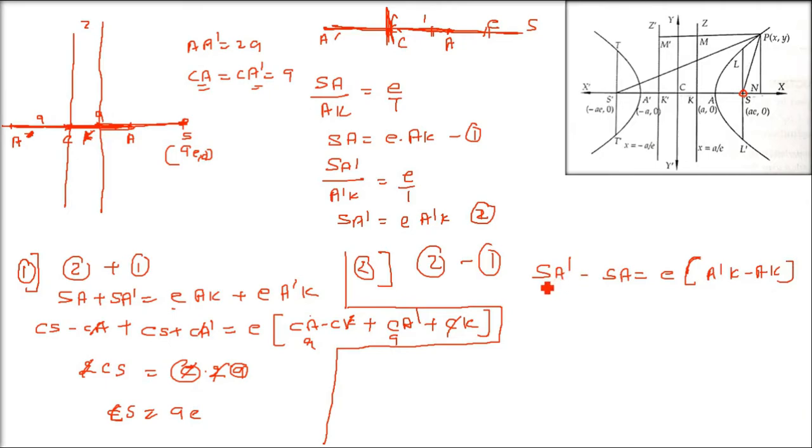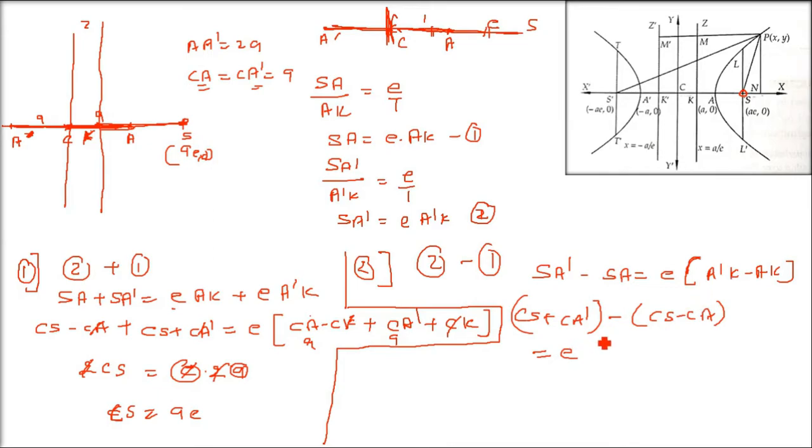Whatever we have done in the first part, we are going to write it here. SA dash was CS plus CA dash, and minus SA, which we wrote as CS minus CA.